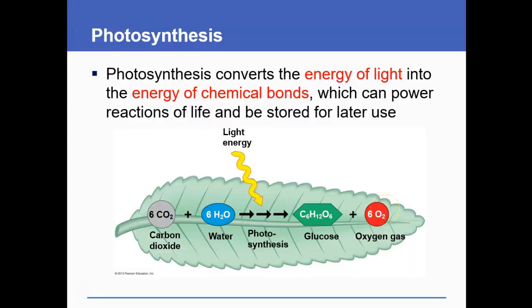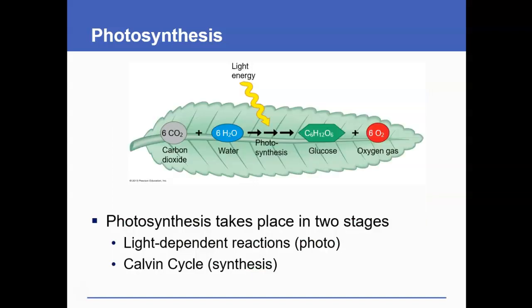Okay, so now we get into the nitty-gritty of photosynthesis. And we can talk about overall what's happening. Overall, photosynthesis is converting the energy of light into the energy of chemical bonds by taking carbon dioxide and water and rearranging those molecules to make up glucose and then release oxygen. We can see that photosynthesis can get broken down into 2 stages.